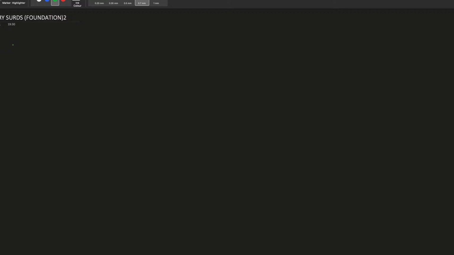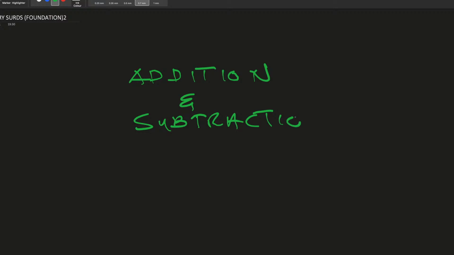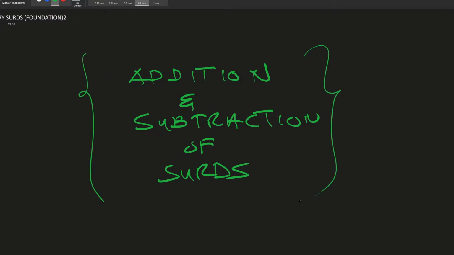So our emphasis was on addition and subtraction of surds. We were concerned that when it comes to surds, addition and subtraction do not apply directly because of what we saw earlier.